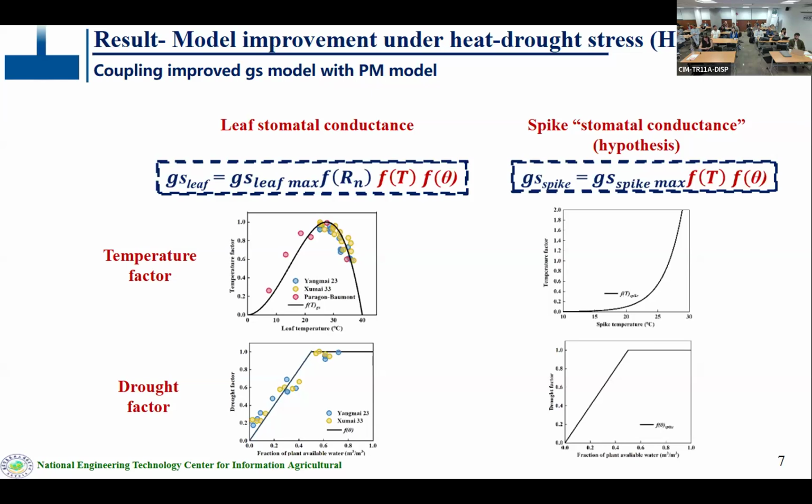We quantify the leaf thermal conductance and the spike thermal conductance, maybe from the cuticle as well. We don't know that, but we quantify them respectively.